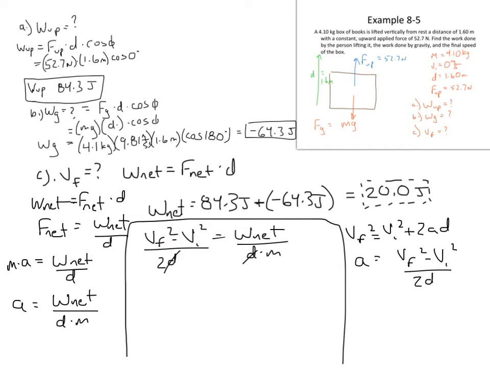So our final working equation for final velocity, since I'm running out of space, I'm going to allow you to do this, but you can compare it to my final answer. Final velocity squared is going to be 2 times net work, my apologies, 2 times net work over the mass, all plus initial velocity squared.